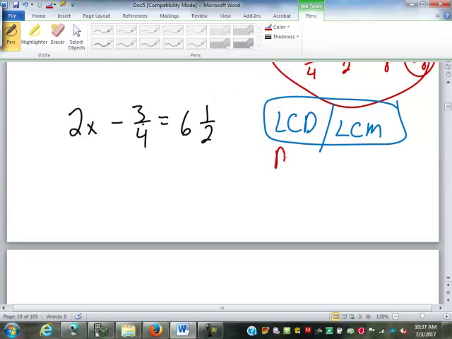So I look in here, what are my denominators? 2 and 4. What would be my least common denominator?